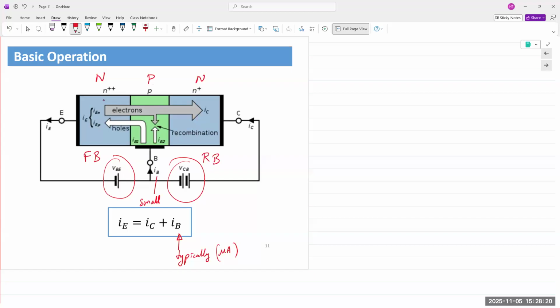So for all intents and purposes, I can write IE is approximately equal to IC, or I should say IC is approximately equal to IE. Because we're talking about milliamps versus microamps, there's a factor of hundreds, if not 1,000.